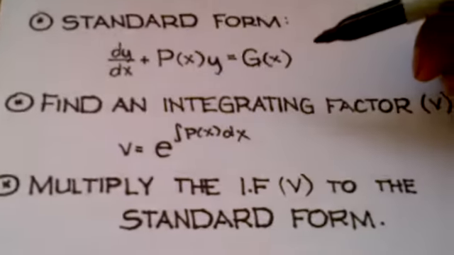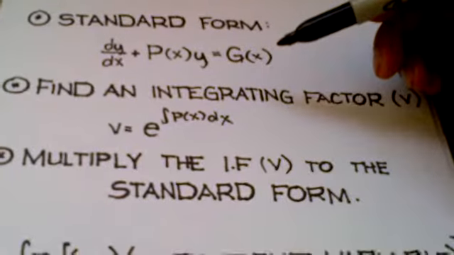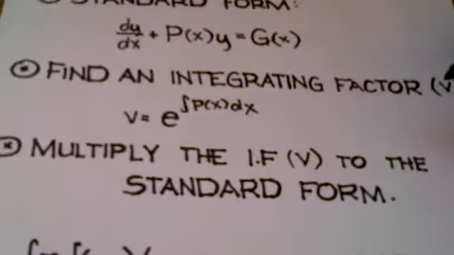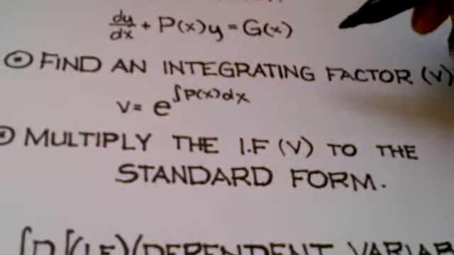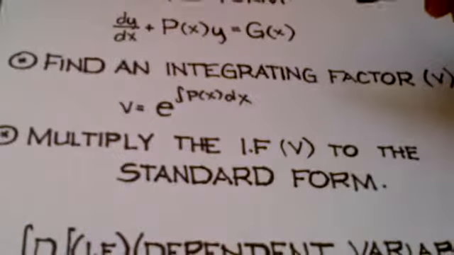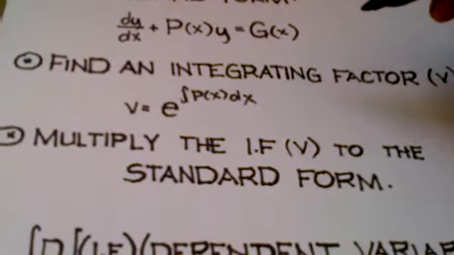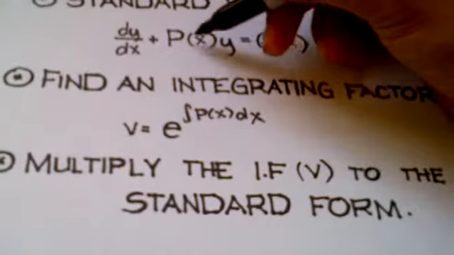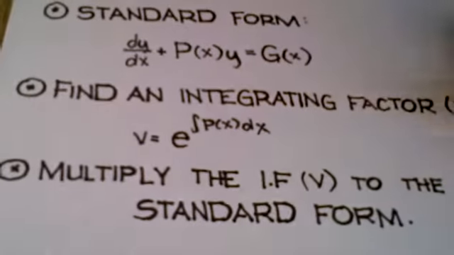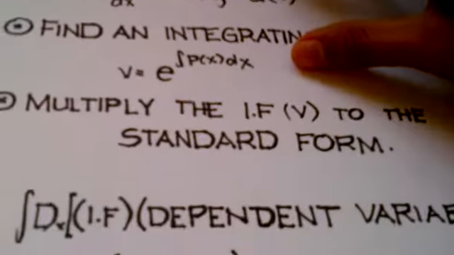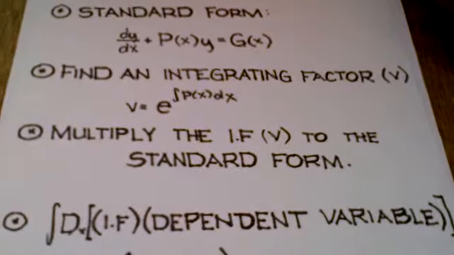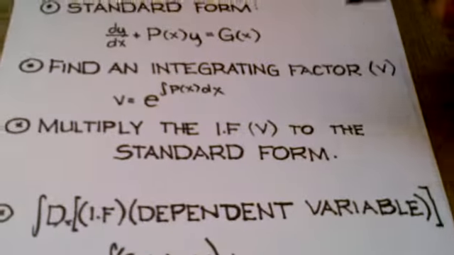Then the next step is find an integrating factor v is equal to e with the exponent of the integral of the function p in terms of x dx. Then the third step is multiply the integrating factor v to the standard form.